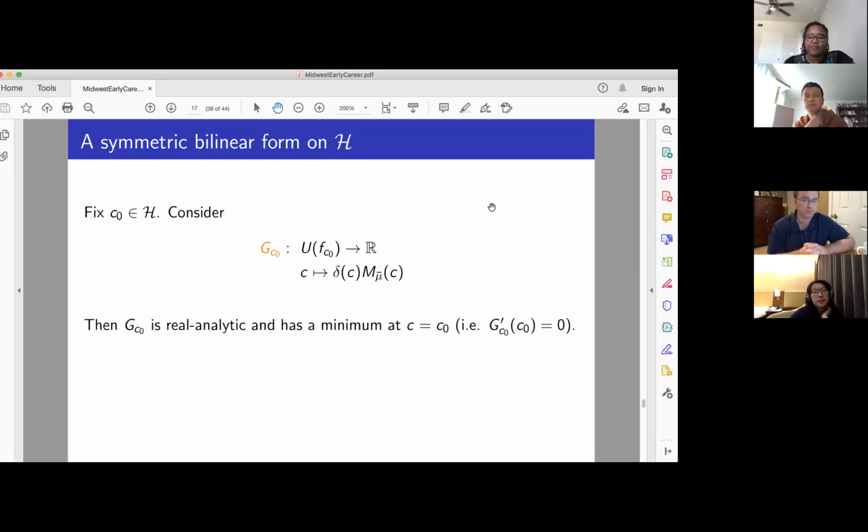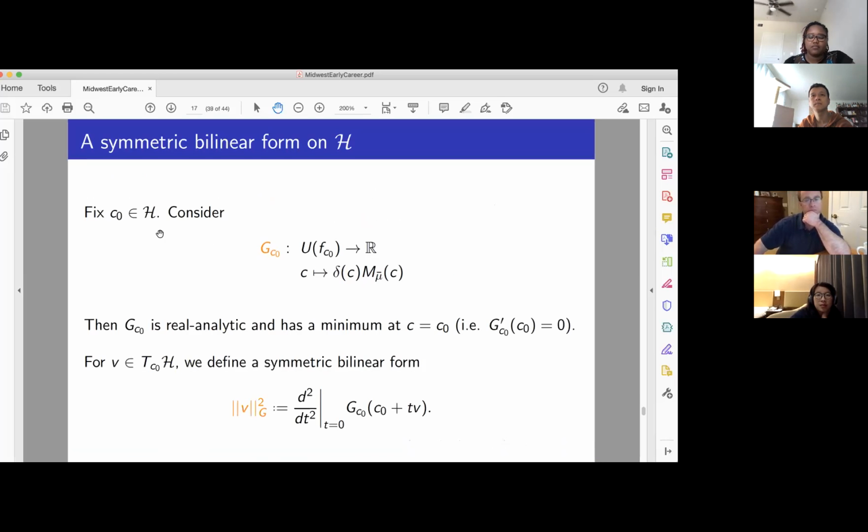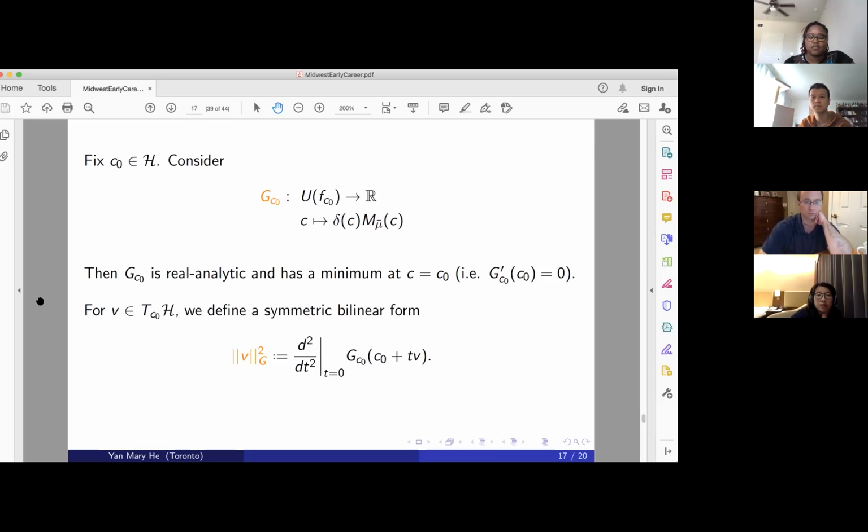From the previous result, we know g sub C0 is real analytic, because the Hausdorff dimension function is real analytic and the multiplier function is real analytic. Moreover, we know that g sub C0 has a minimum at the point c equals C0 because of our proposition before. This is to say C0 is a critical point of g sub C0.